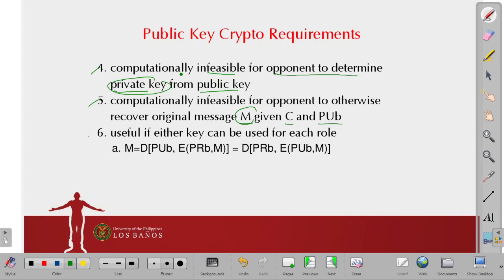And it's also useful if either key can be used for both encryption and decryption. So here we have M equals the public key encryption, then using the private key and the message, or same process, we get the same message. So it's just the reverse.